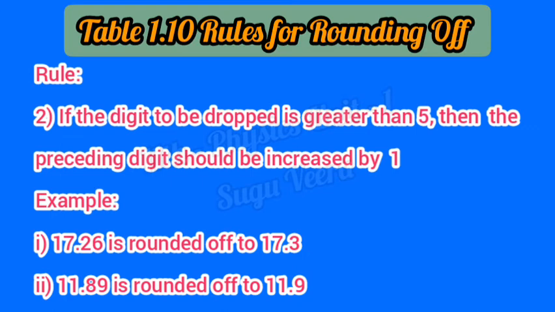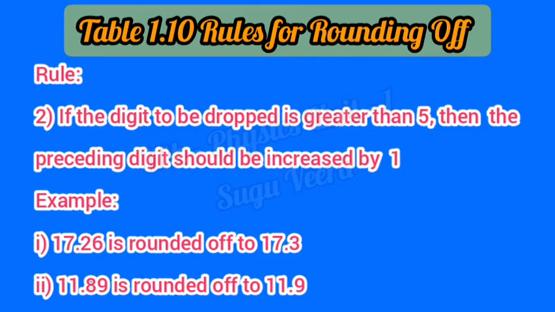Second rule, if the digit to be dropped is greater than 5, then the preceding digit should be increased by 1. For example, first one, 17.26 is rounded off to 17.3. And second example, 11.89 is rounded off to 11.9.